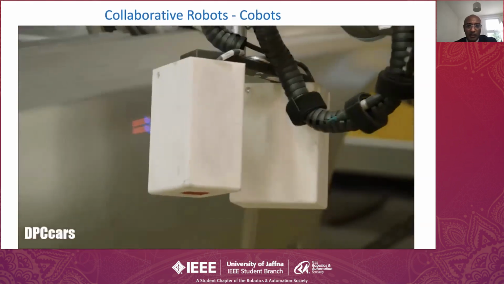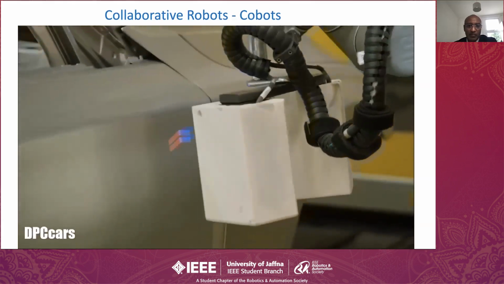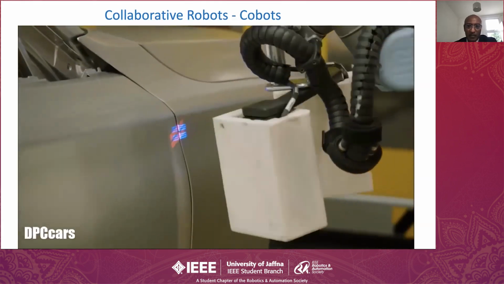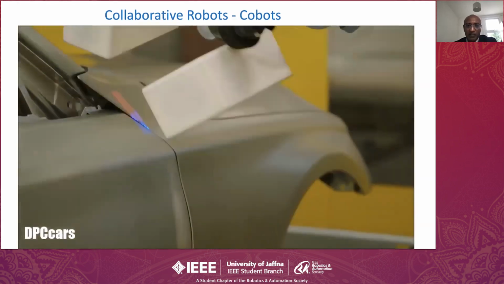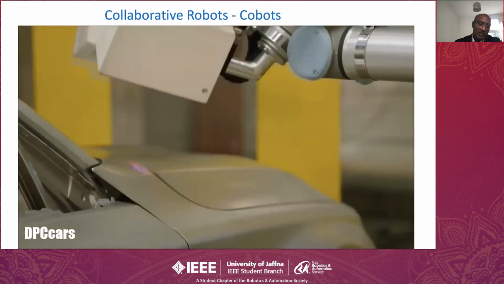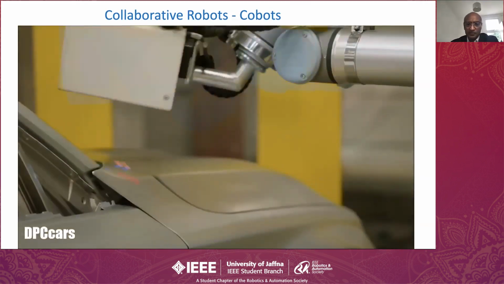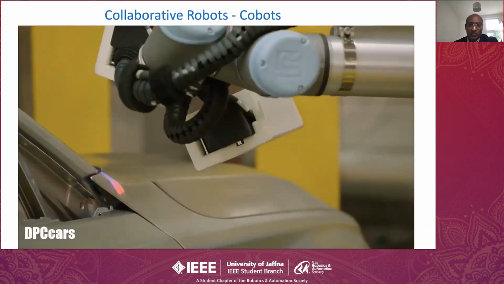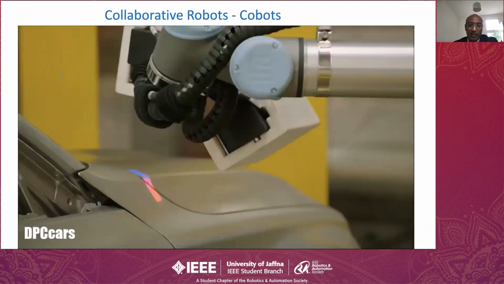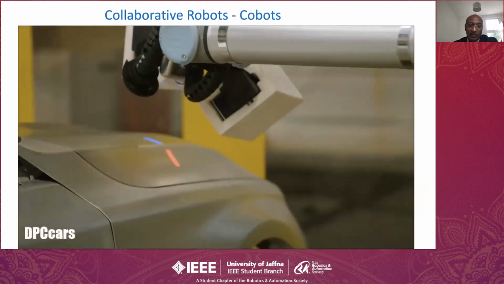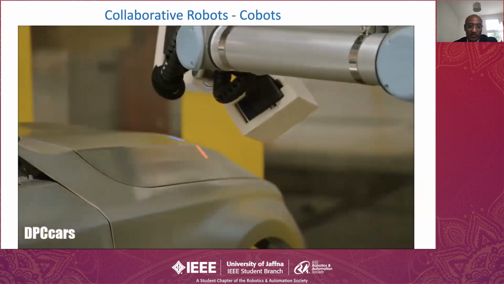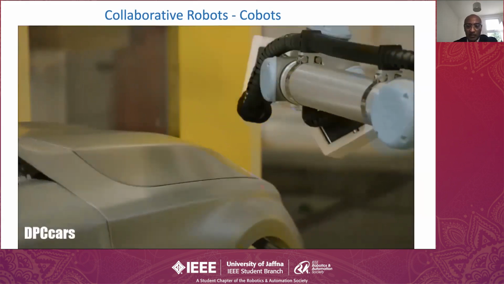So these robots are called collaborative robots because they are safe, and they have series elastic actuators, right? So you can push them and they can bounce back, and even if they hit them, it is more like somebody hitting you or somebody colliding with you.